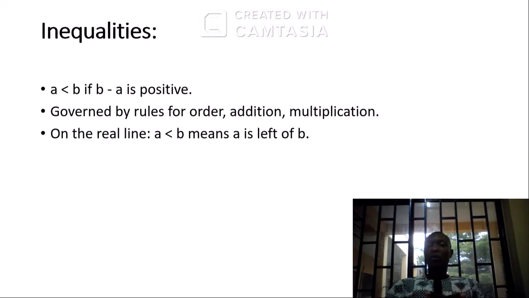So let's go to another set of numbers. Let's talk of inequalities. What do we mean by inequalities? We are just expressing that one number does not equal the other. Maybe we want to compare your age to my age.